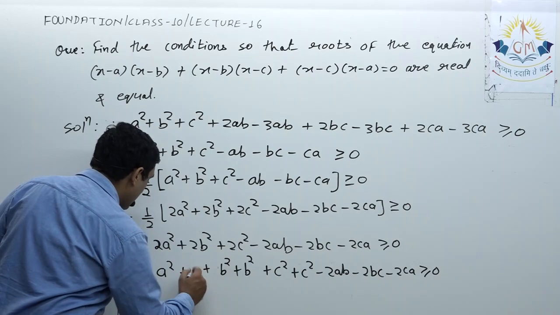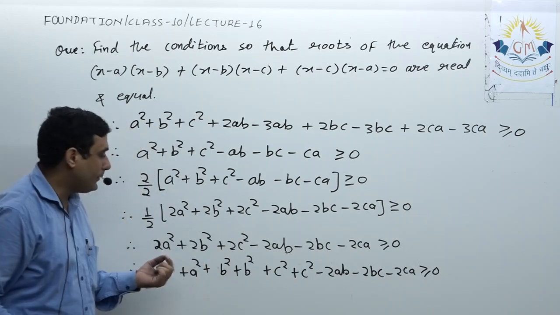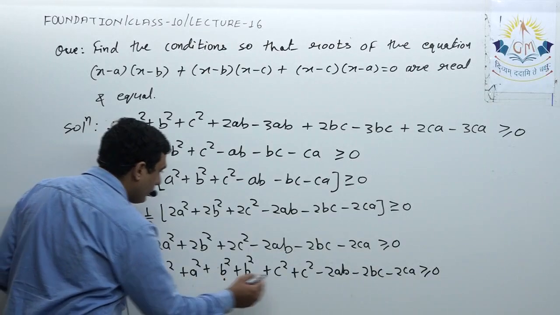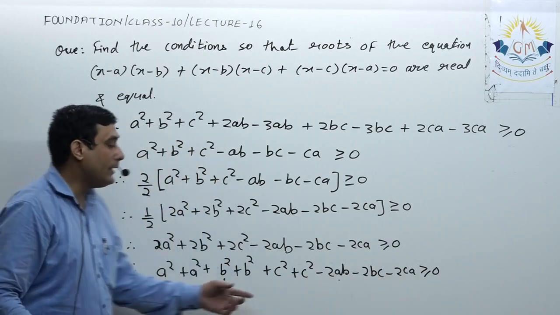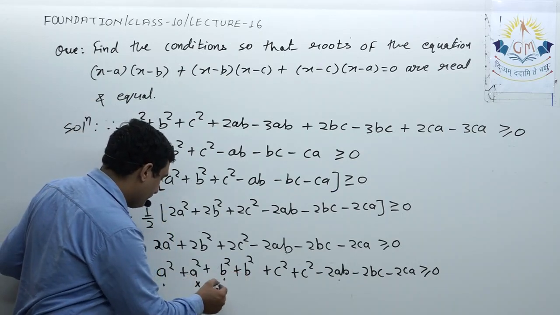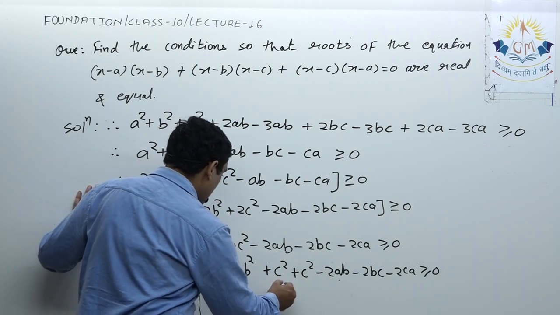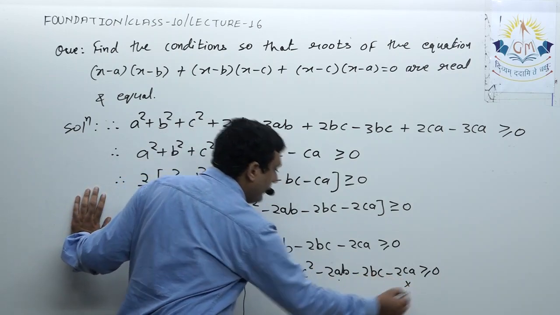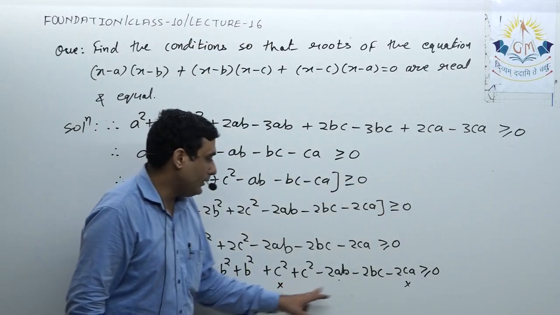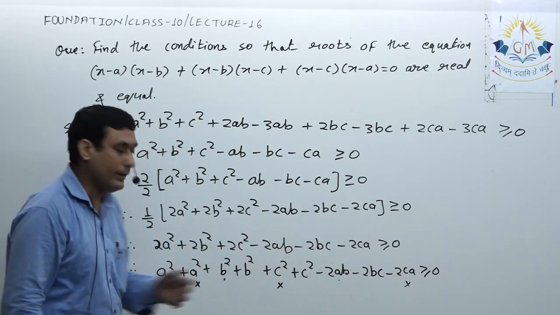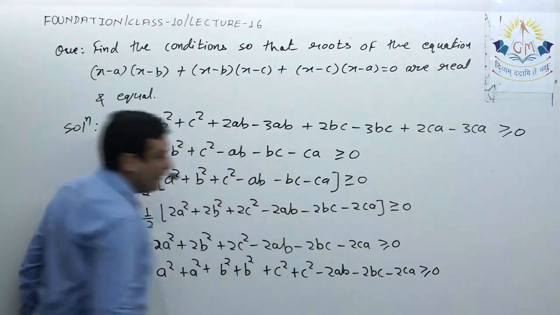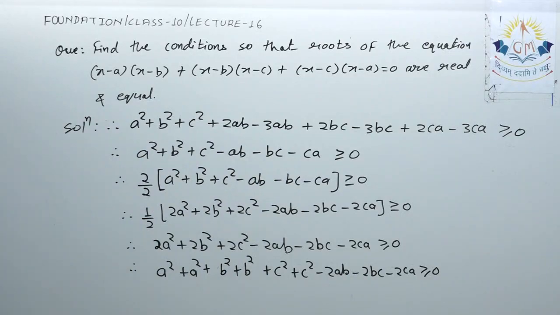I'm trying to make the complete square. If I take this a square, this b square, and minus 2ab, these three terms give me a minus b whole square. Similarly, this a square, this c square, and minus 2ac give me a minus c whole square. Similarly, b square plus c square minus 2bc gives me b minus c whole square. Note it down up to this point, then I will give you the remaining solution.